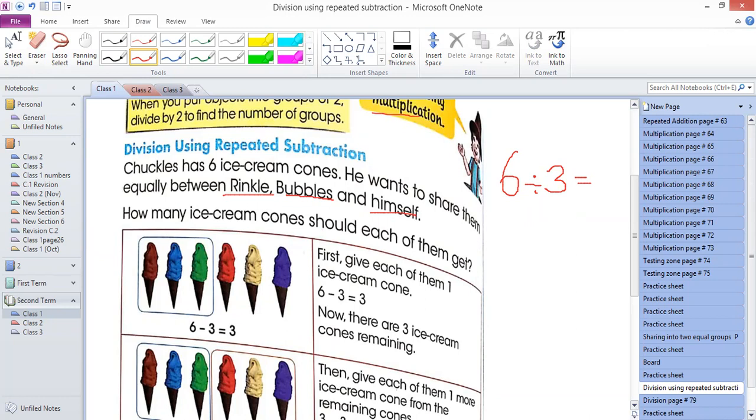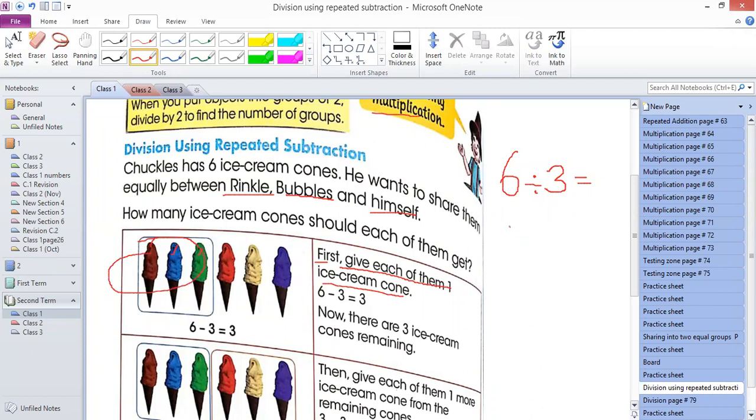So how can we use the repeated subtraction method, guys? First, give each of them one ice cream cone. So there are 6 ice cream cones. If you give 1 to Wrinkle, 1 to Bubbles, and 1 for yourself, that means out of 6 you will take out 3.